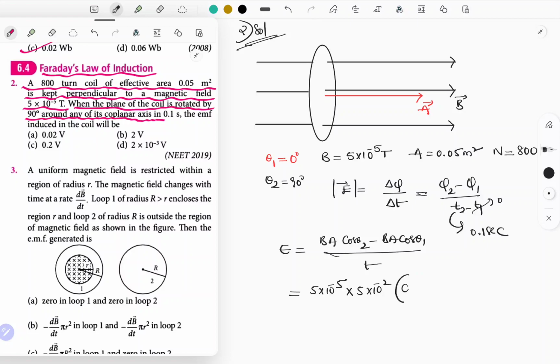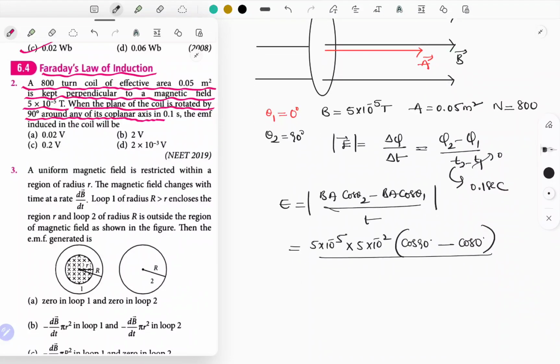Theta 2 value is 90 degrees, so cos 90 minus, I'm finding only magnitude, cos 0, divided by time. Time value 0.1 second. Cos 90 is 0. Cos 0 is 1. You are going to get minus 1. As I am taking it as magnitude, it can be replaced as only plus 1.